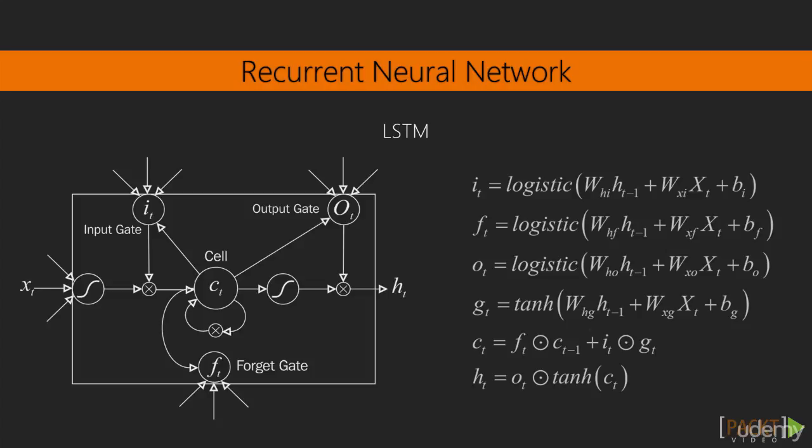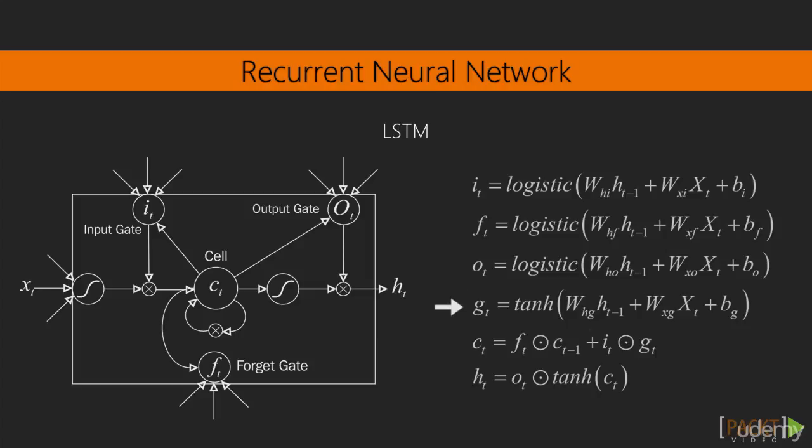The difference is, long short-term memories, or LSTMs, have two internal states instead of just one. In this case, the hidden cell C and an exposed state H. They are implemented as follows. First, we calculate three gating values: the input, forget, and output gates, which are limited between 0 and 1 by this logistic function.